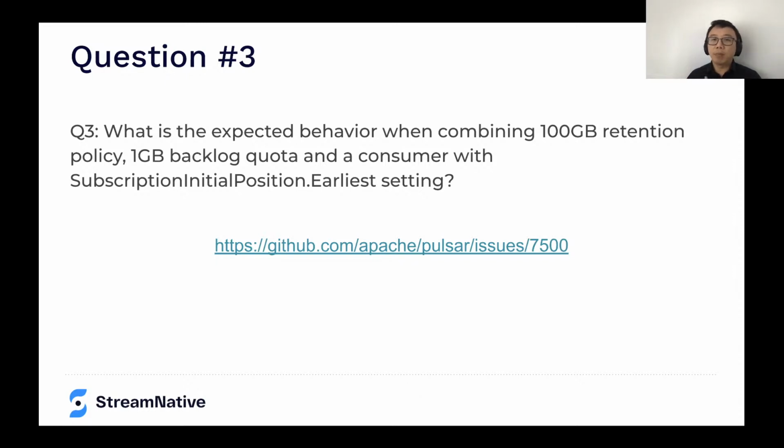What is the behavior when a consumer uses the subscription initial position earliest setting? Is the subscription going to be reset to 1 GB earlier, or to the 100 GB? So those are the questions that come up related to backlog, retention and storage size.